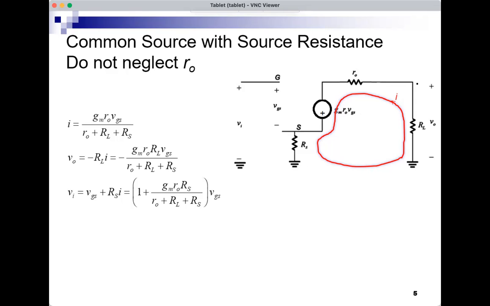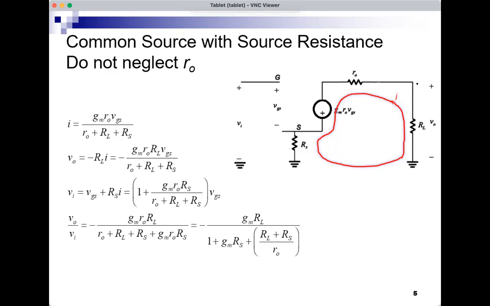So now we can divide to get the gain, and we get this expression: minus GMRL over 1 plus GMRS plus (RL plus RS) over RO. Again, it's helpful to verify that we would get the same result if RO goes to infinity. The result that we got when we neglected RO, we assumed that it's infinite, was minus GMRL over 1 plus GMRS.